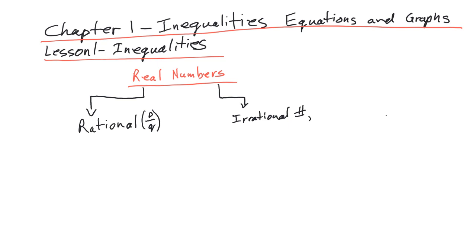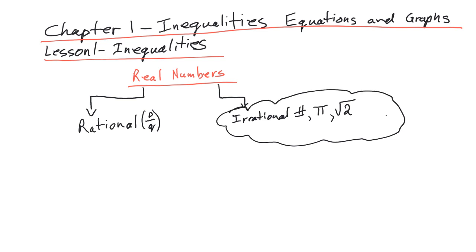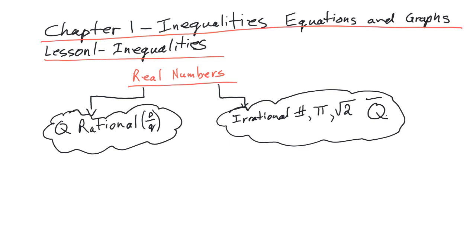So those examples are pi, 3.14159, those numbers that go on forever. Another example would be the square root of 2. For rationals, we have the letter Q. Q for quotient.